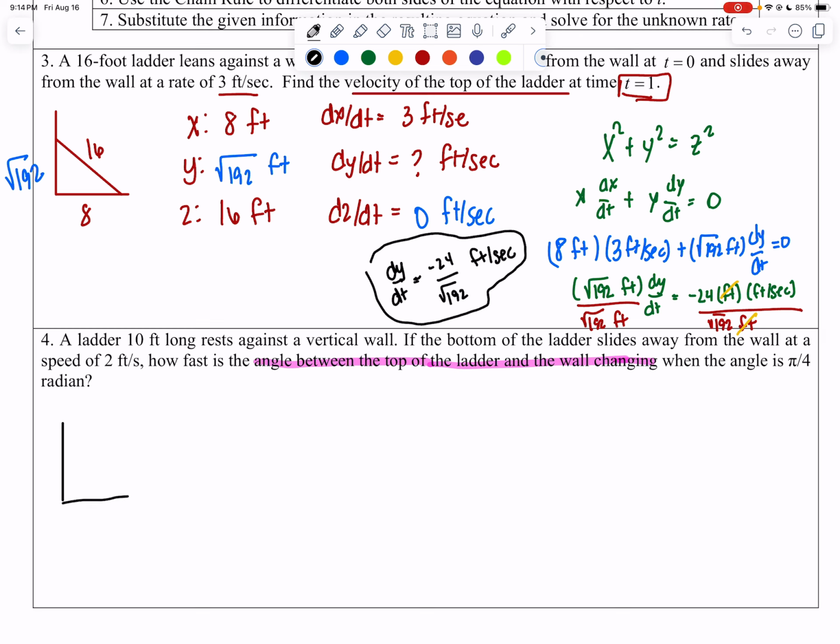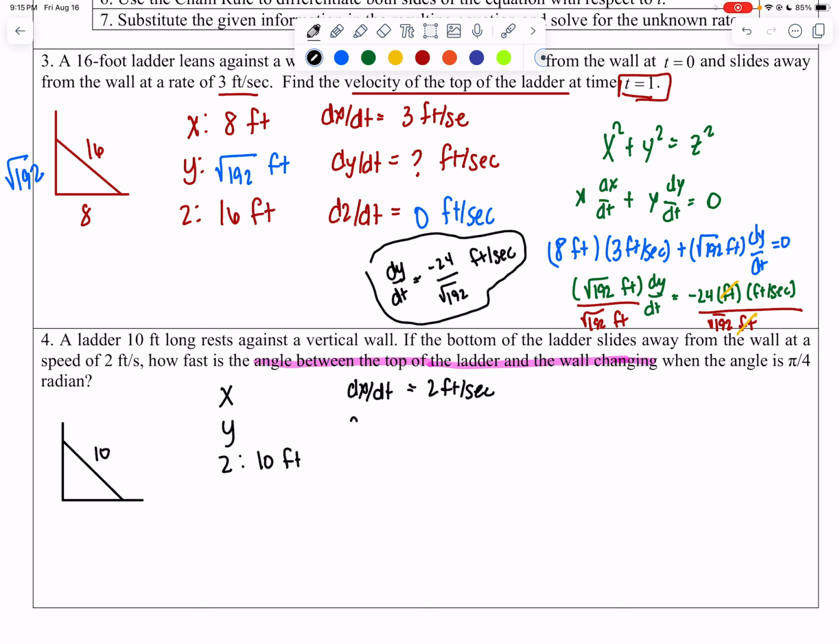All right, so let's look at my problem. We have a ladder that's 10 feet long that rests against a vertical wall. The bottom of the ladder is sliding away from the wall at a speed of 2 feet per second. So let me jot down what I know. I know that z is 10 feet, and I know that dxdt is 2 feet per second.